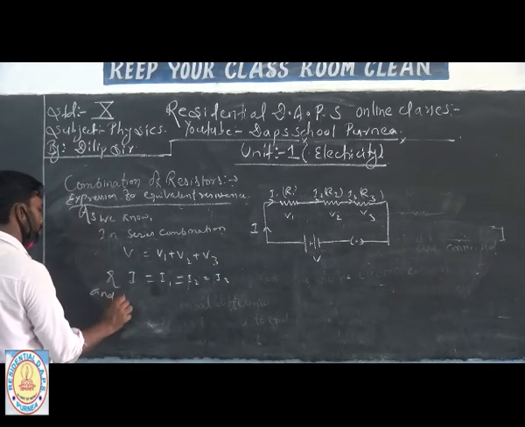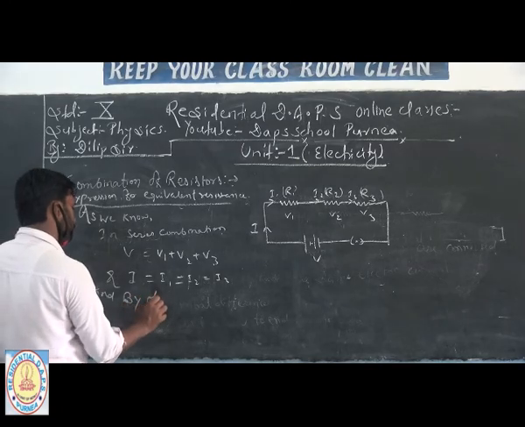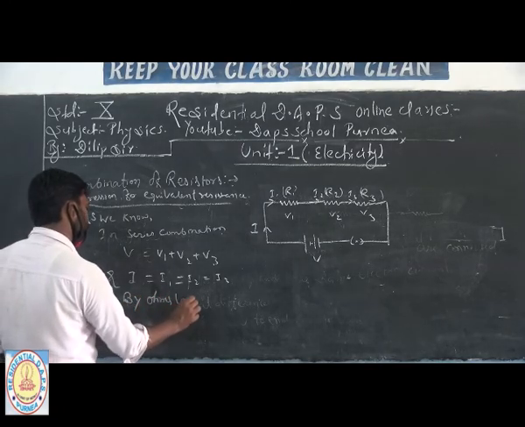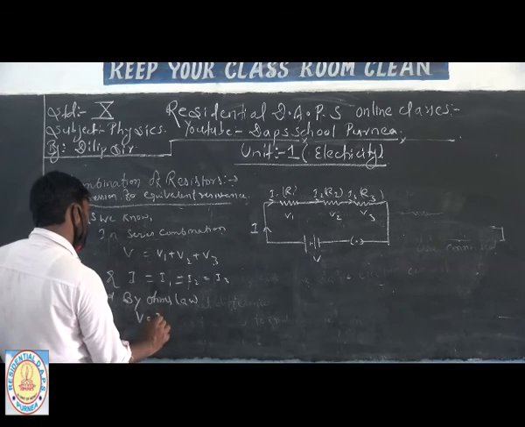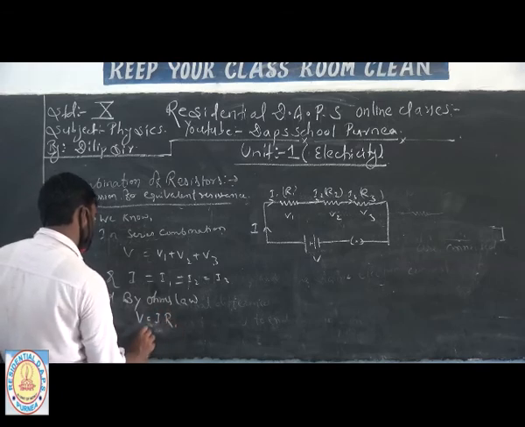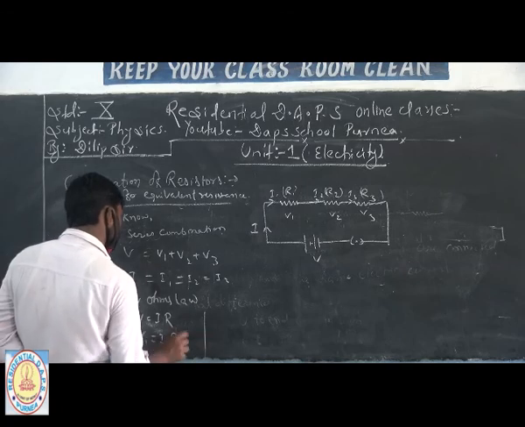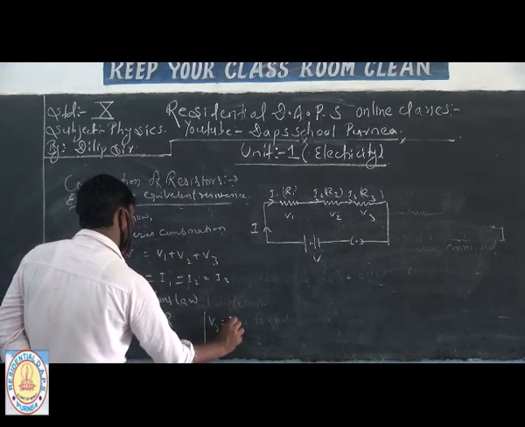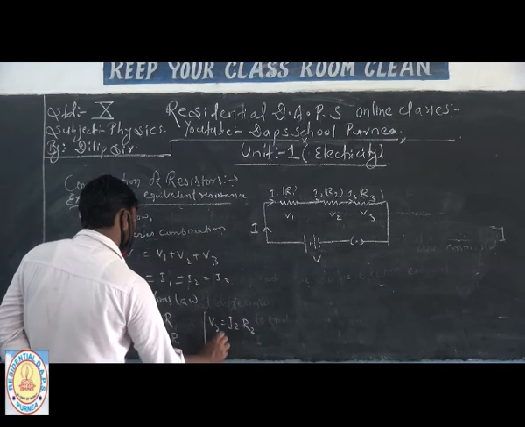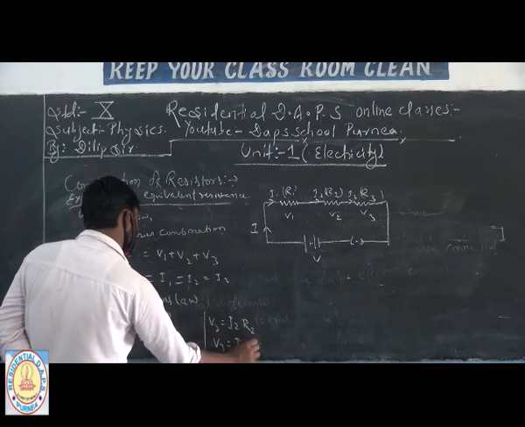By Ohm's law, V equals IR, V1 equals I1 R1, V2 equals I2 R2 and V3 equals I3 R3.